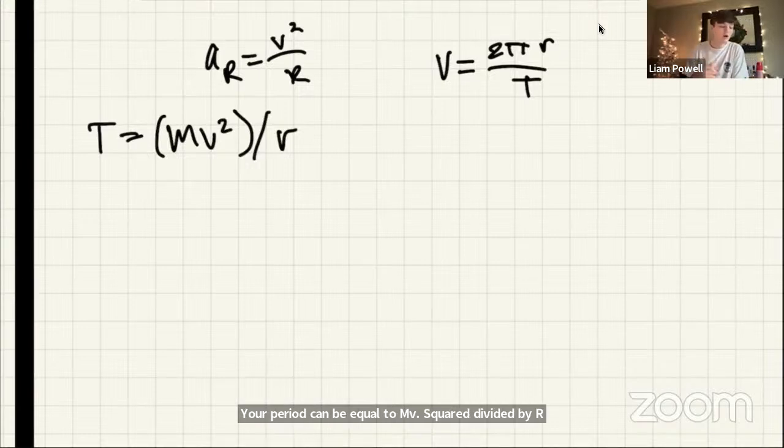Linear speed is your arc length divided by time. Angular speed is your change in theta divided by time. Mass times velocity squared over r is equal to mass times gravity. Those are the most major formulas.